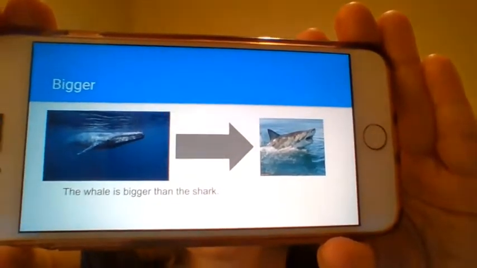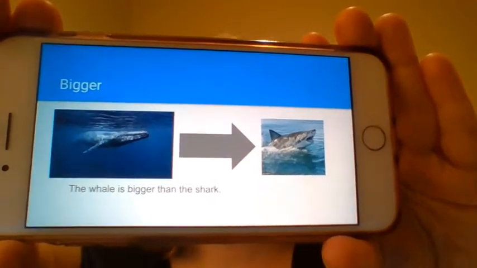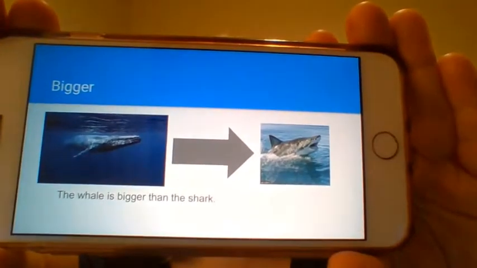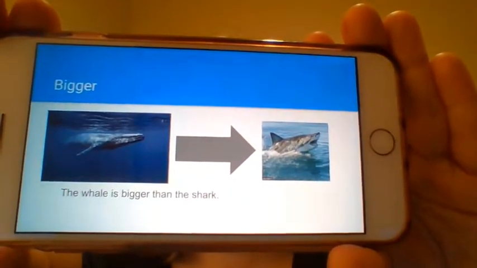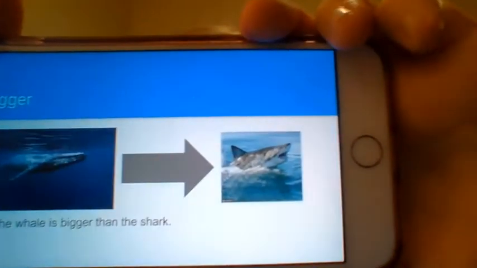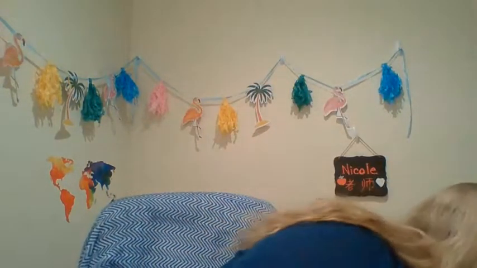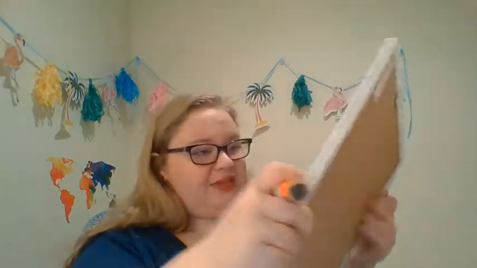The whale is bigger than the shark. Yes. So if you notice, did you see those 2 words, than, the? I'm going to write it up here on the board. So we have than, the. And than, the is used to compare, right?